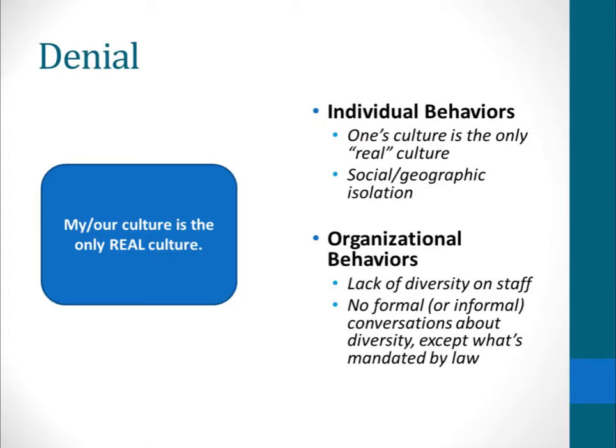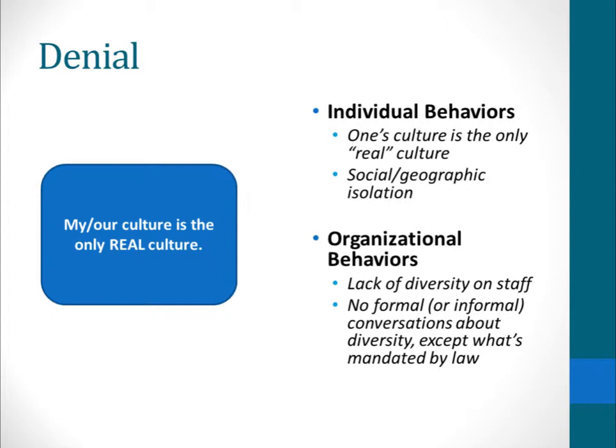In the first ethnocentric stage, denial, which is the most extreme phase, the main idea is that my or our culture is the only real culture. Now, what this looks like on an individual level is an individual not really knowing that there are significantly other ways of being in the world. Bennett often attributes this to social or geographic isolation.